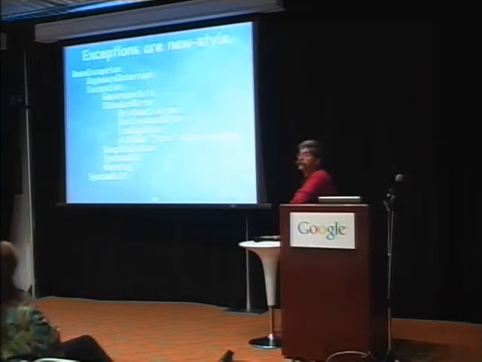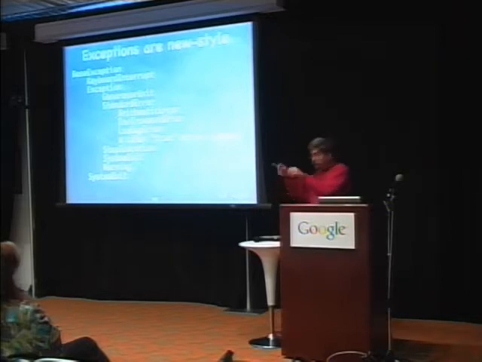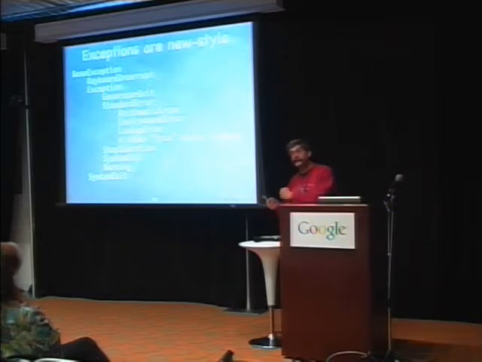Exceptions are now new-style classes, and their hierarchy has subtly changed. I don't know how familiar you are with the exception hierarchy in 2.4 and earlier, but basically, you couldn't really do an except Exception without involuntarily catching the poor guy who was banging on Control-C because he really wanted to kill your program, Control-C, Control-C, Control-C, but you were catching all exceptions, and that unfortunately included his keyboard interrupts.